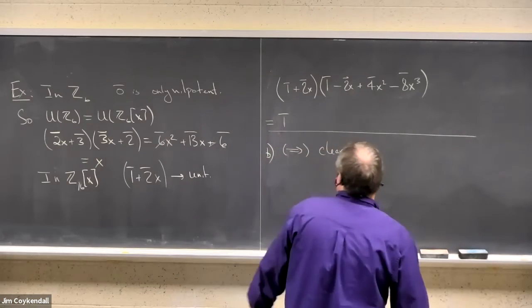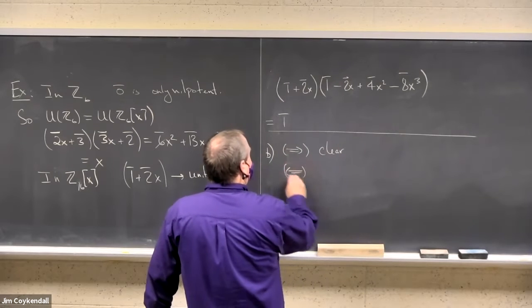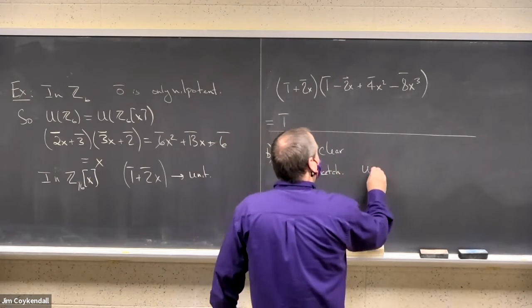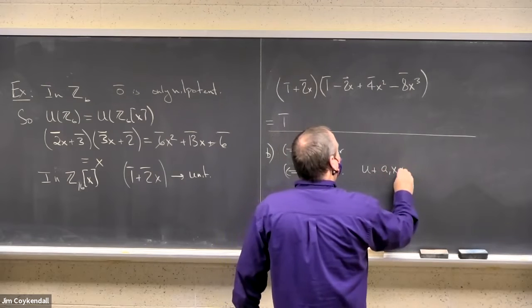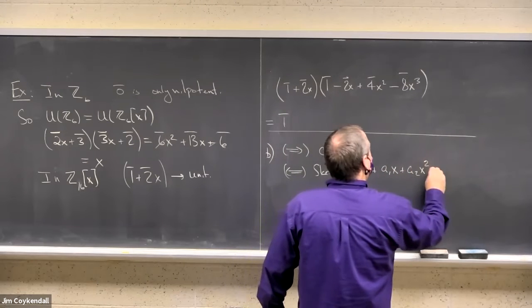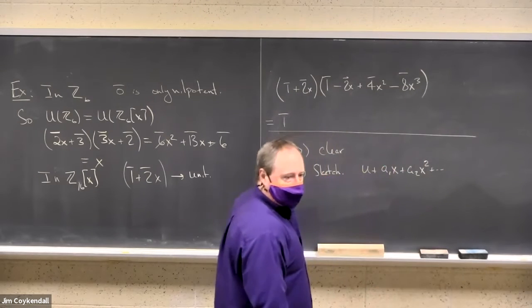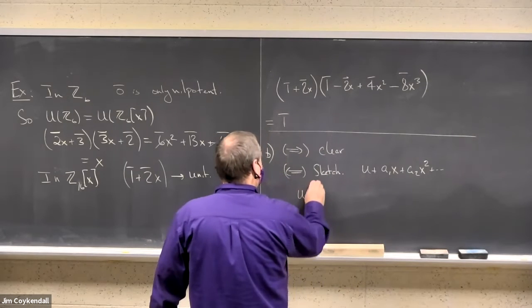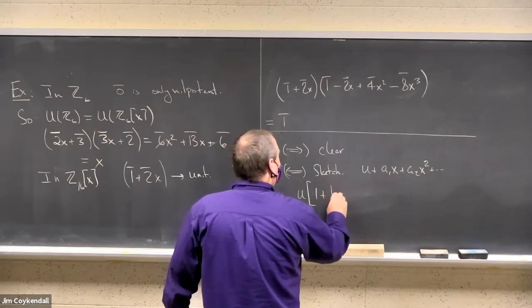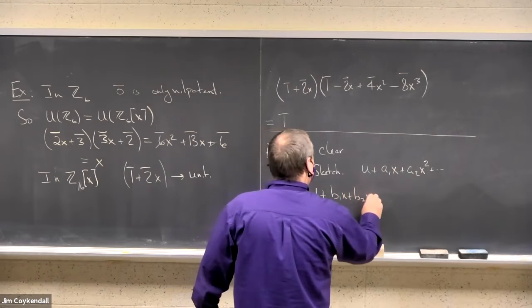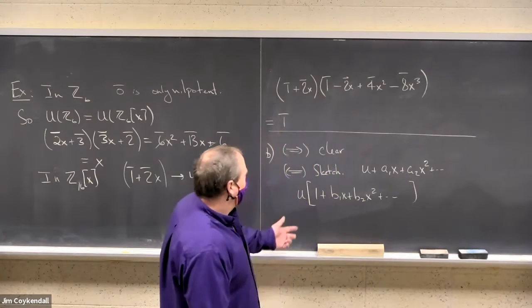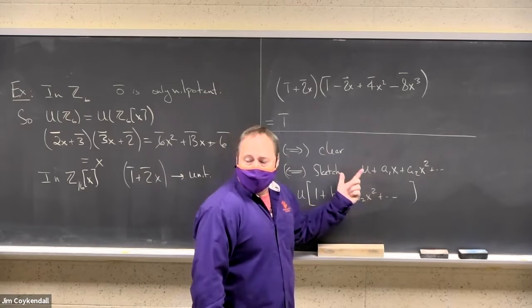Let me do a sketch that I think paints a good picture. Suppose you have u plus a1x plus a2x squared forever. Let me point out that I can write this as u times (1 plus b1x plus b2x squared forever), just by pulling out a unit from everything.